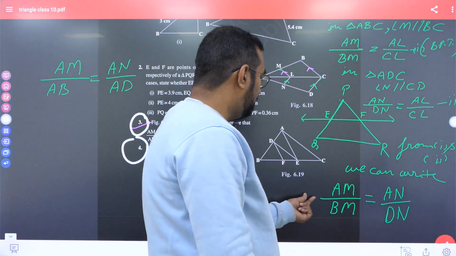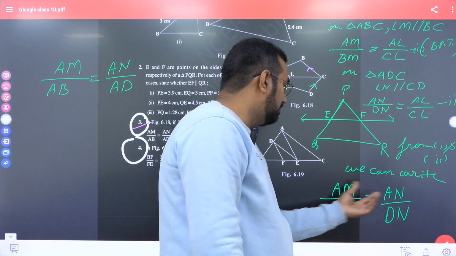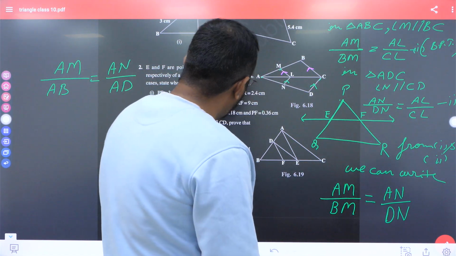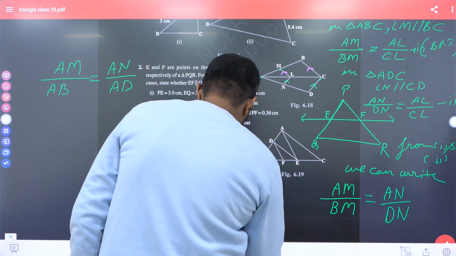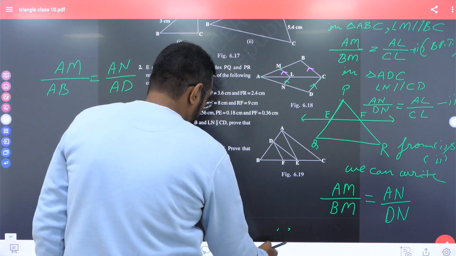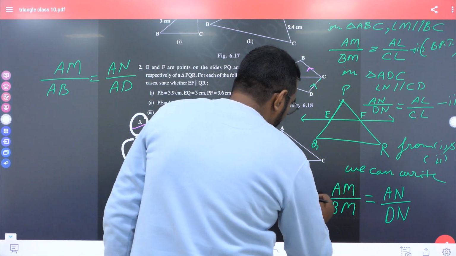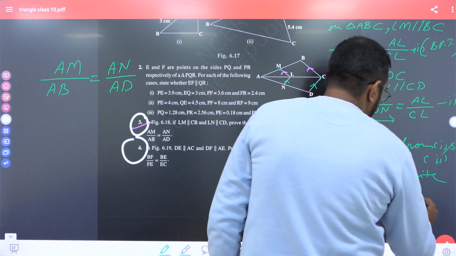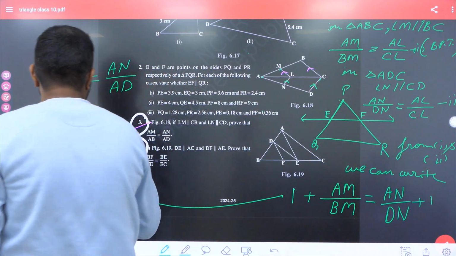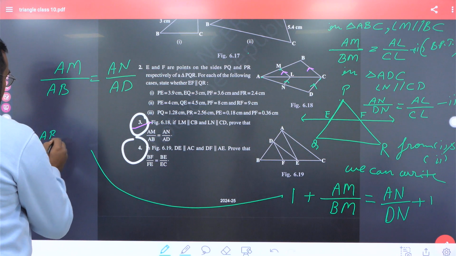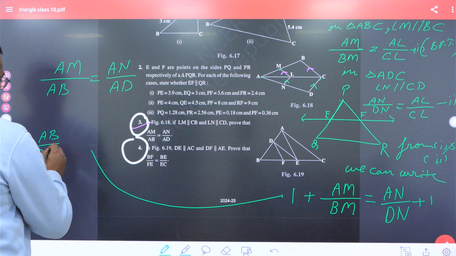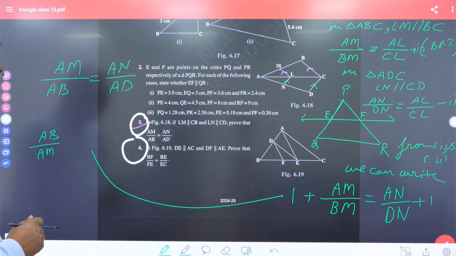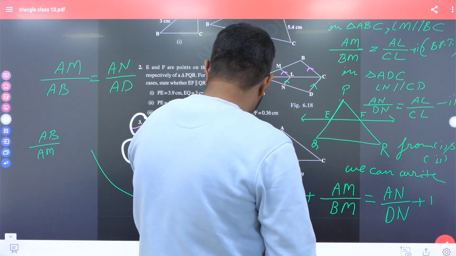Okay. So by adding 1 to both sides of this equation, we will get AB upon AM. One minute, beta.